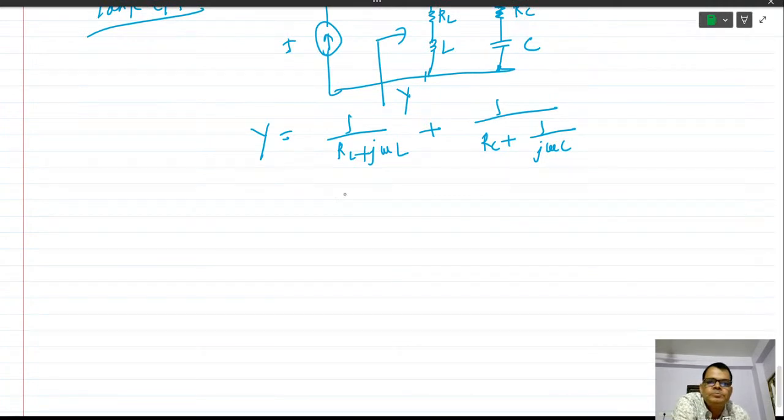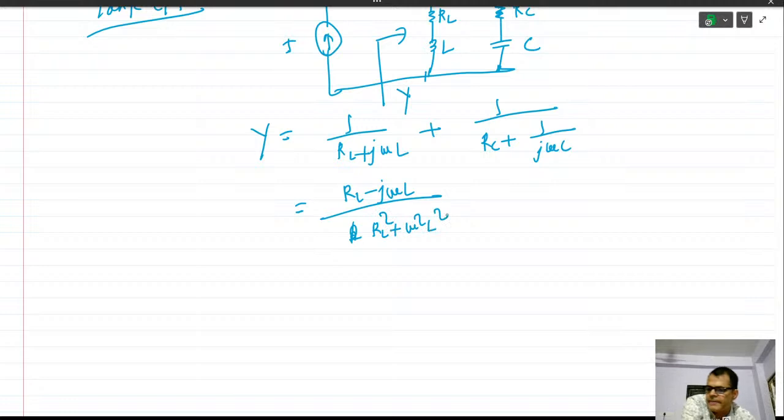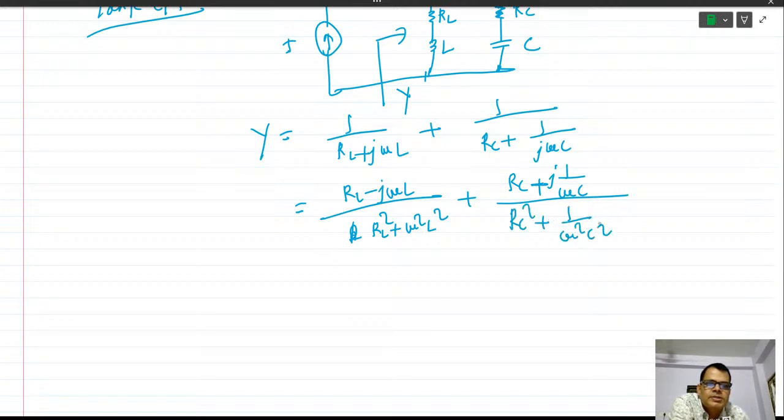So this will be (RL minus j omega L) upon (RL square plus omega square L square), clear? Plus (RC minus j omega C upon j, this will be plus) upon (RC square plus 1 upon omega square C square).